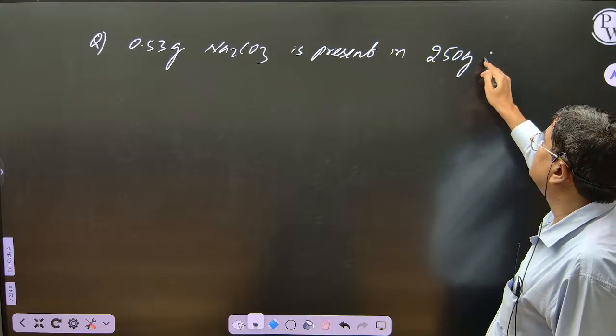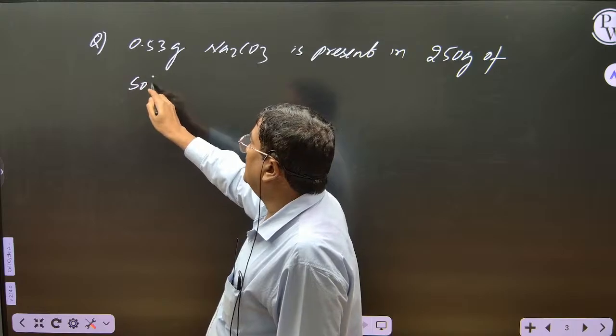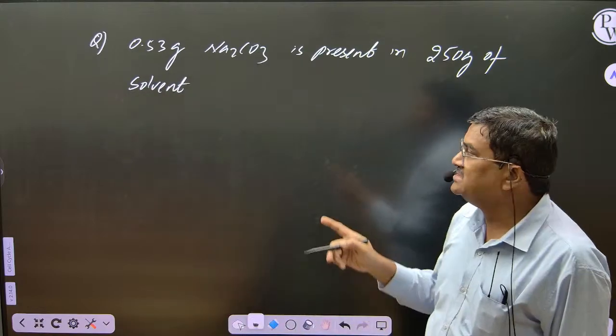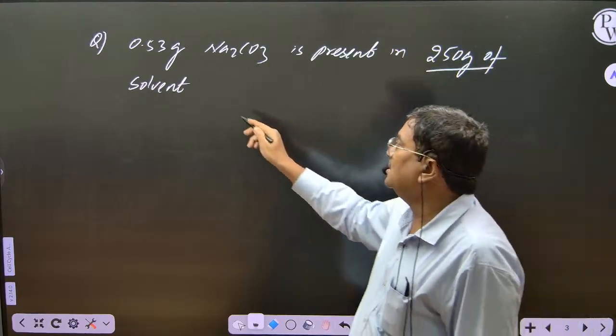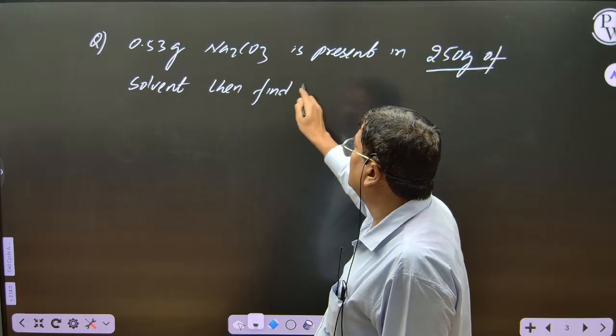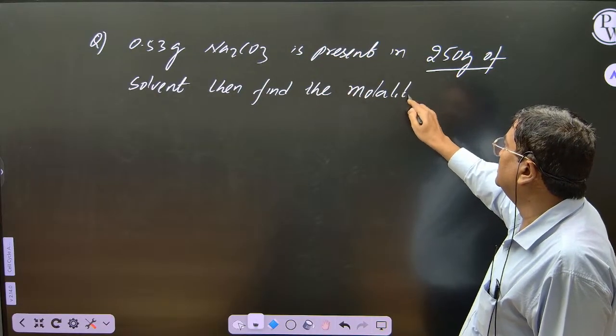Understood? See here carefully, the mass of solvent is given in grams. Then find the molality of the solution.